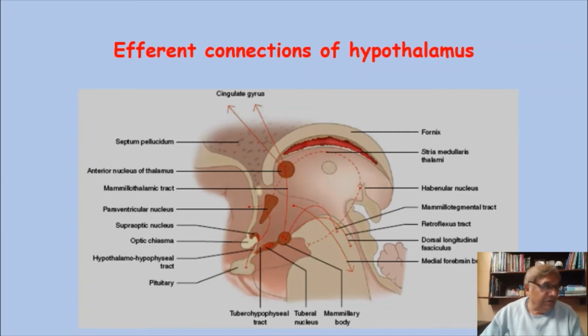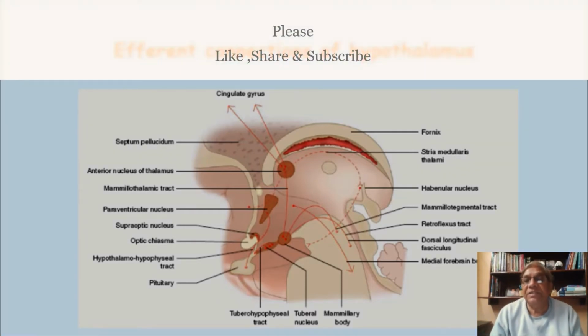And lastly, we will come to its efferent to the pituitary gland. We will see that the paraventricular nucleus and the supraoptic nucleus produce two different hormones, oxytocin and vasopressin or antidiuretic hormone, which will be released through the posterior pituitary into the circulation.